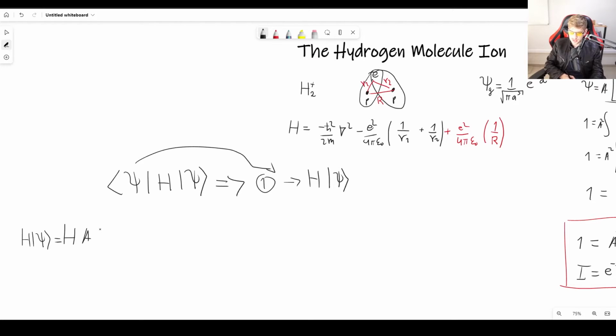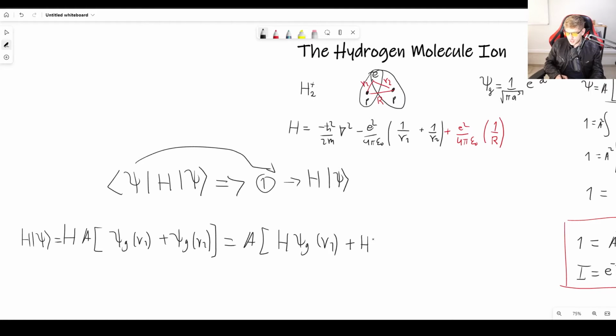This is h times a, and then we have psi g r1 plus psi g r2, which will be simply a times h acting on psi g of r1 plus h acting on psi g of r2. But now take a look at what this whole thing is.